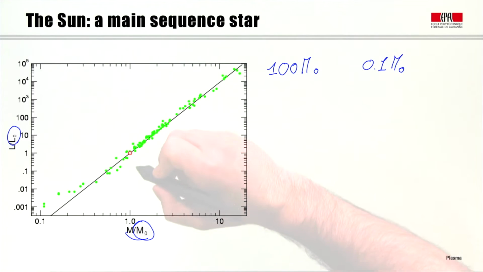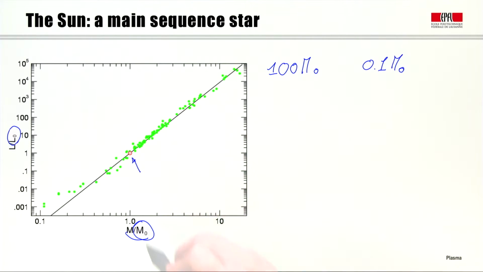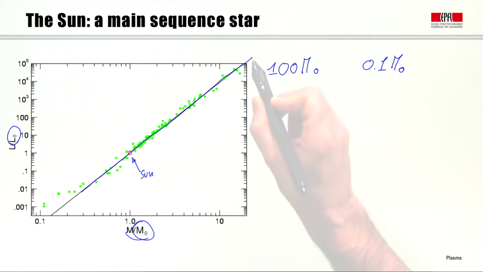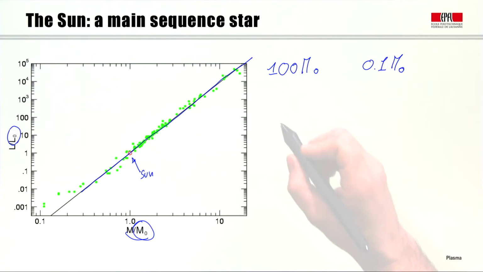In fact, this red dot in the middle of the plot indicates the position of our Sun. If we now try to interpolate this data with a straight line, we observe an interesting property of main sequence stars.